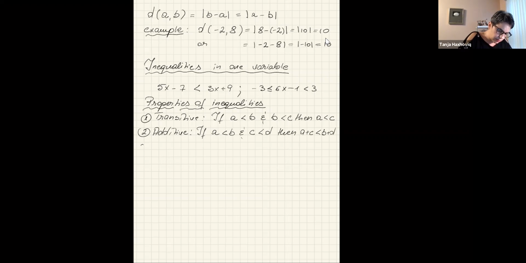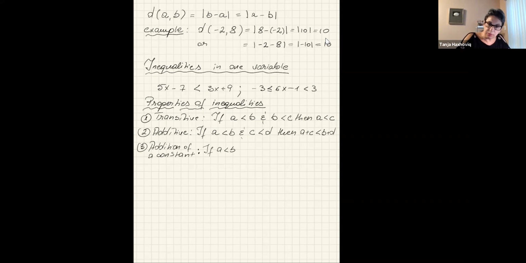Addition of a constant. What is that? If A is less than B, then the inequality will not change if you add the same constant at the same time to both sides.